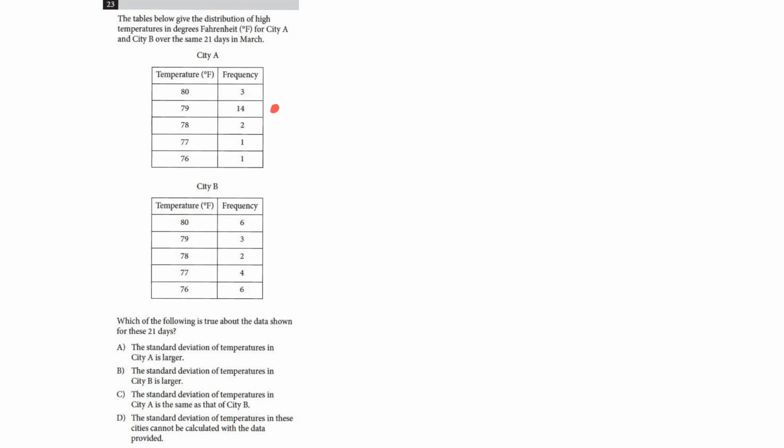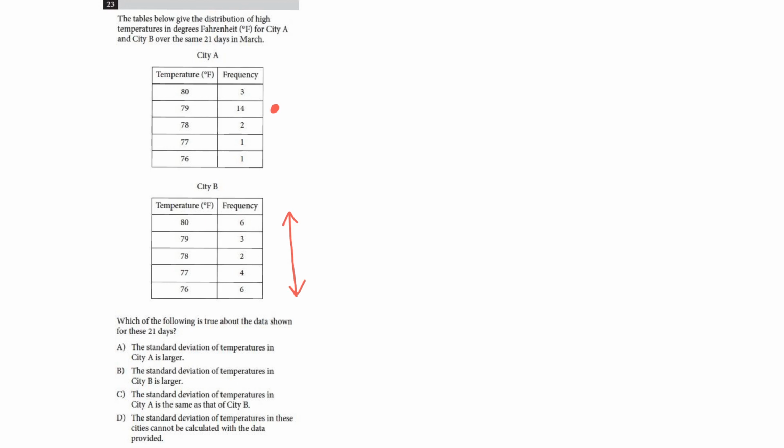City B, well, it kind of spaces out pretty evenly over the whole range. So I'm going to say, just from visual inspection, it's clear that City A has a smaller standard deviation than City B. So let's look at some of our answers here.